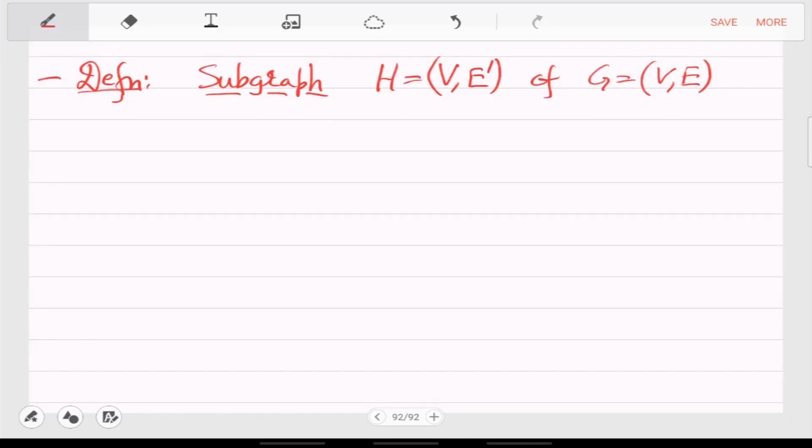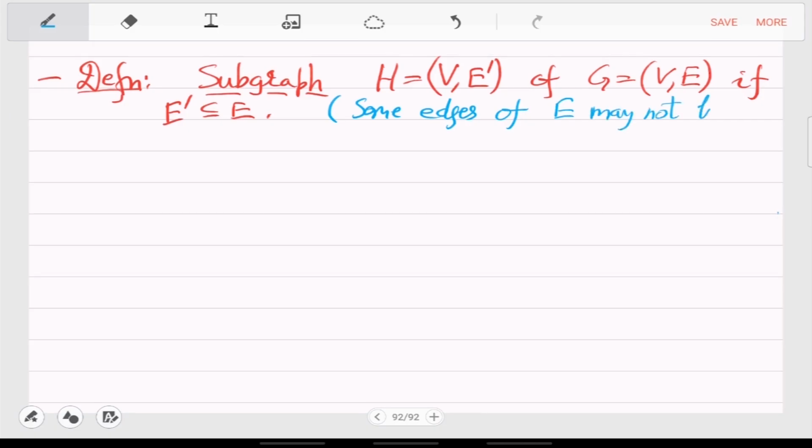H is a graph, G is a graph, where H is a subgraph of G. It has some properties of G, but maybe not all. E prime is a subset of E. Obviously the interesting case is when some edges of E may not be there. So that's a subgraph.